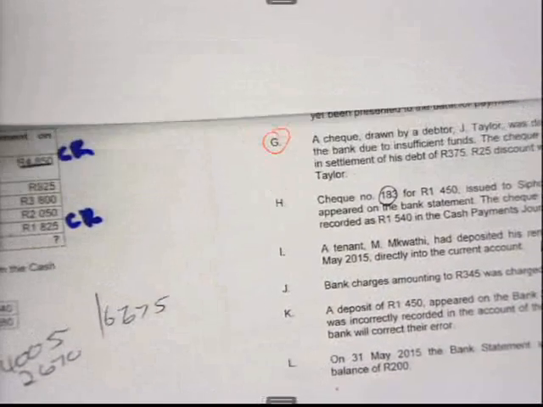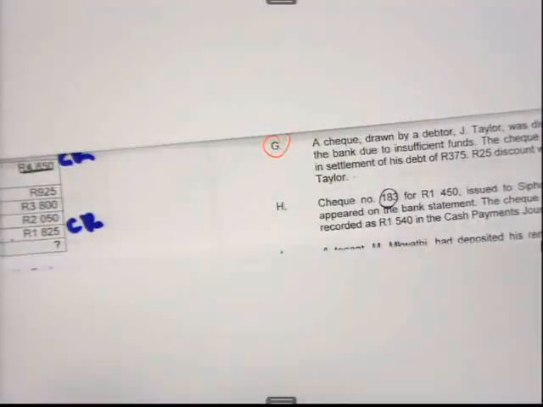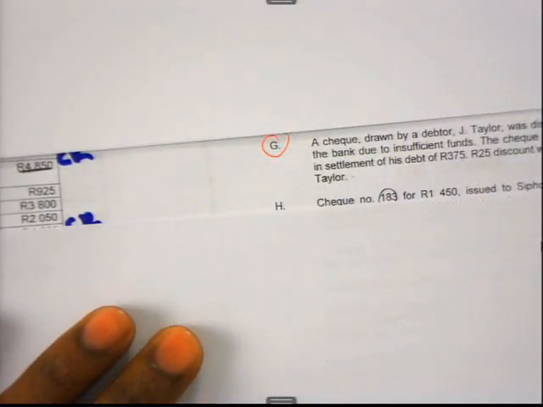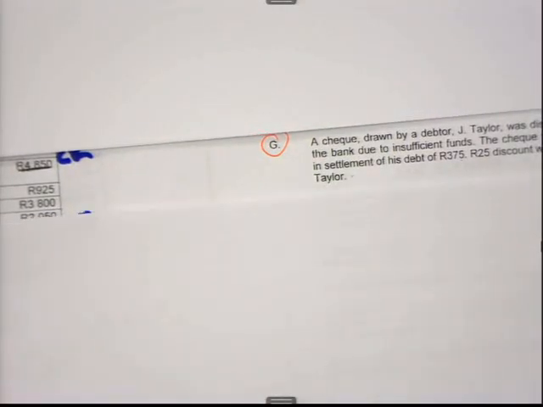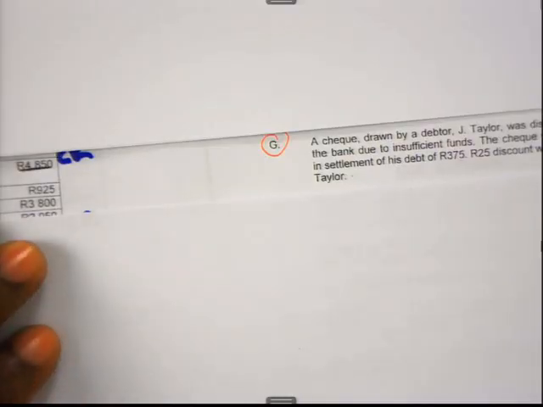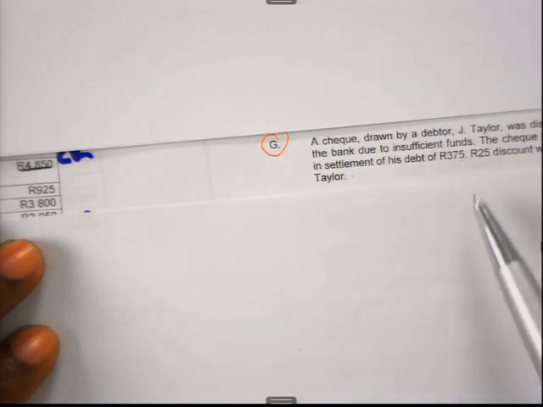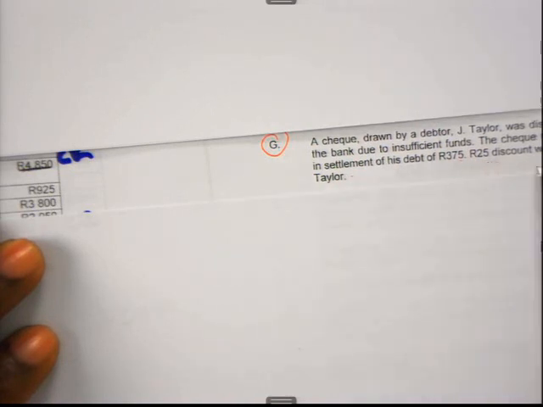Information G, a check drawn by a debtor, J. Taylor, was dishonored by the bank due to insufficient funds. The check was received in settlement of his debt of 375 rand. 25 discount was allowed to Taylor. Right?